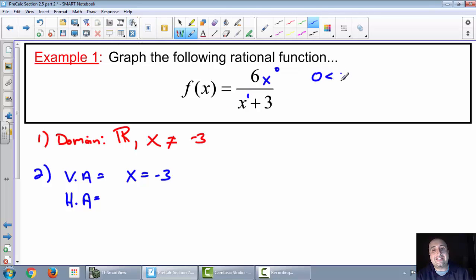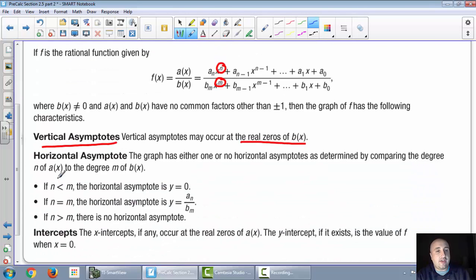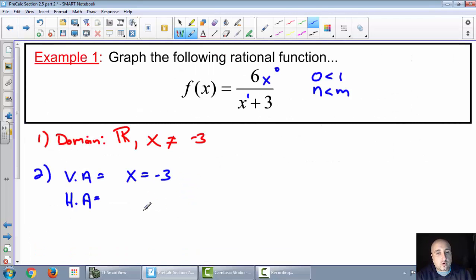So 0 is less than 1, so our n is less than our m. The top is n, the bottom is m. So what does the chart say about our horizontal asymptote when n is less than m? Our horizontal asymptote is at y equals 0 every single time. All right, so our horizontal asymptote is y equals 0.